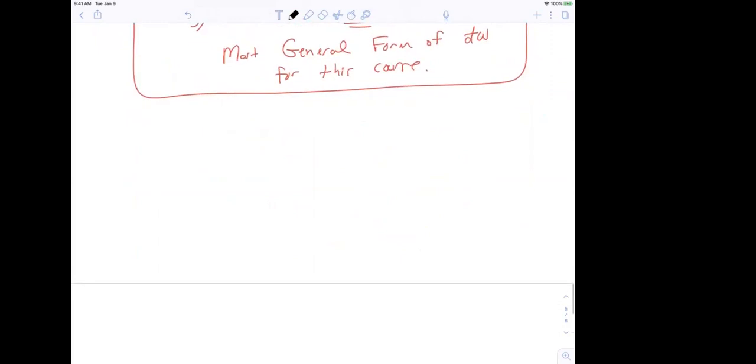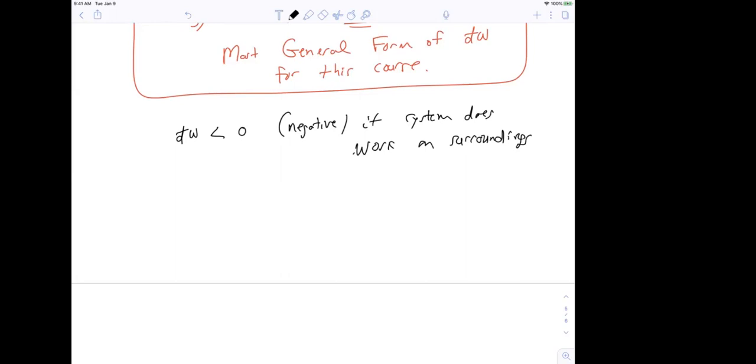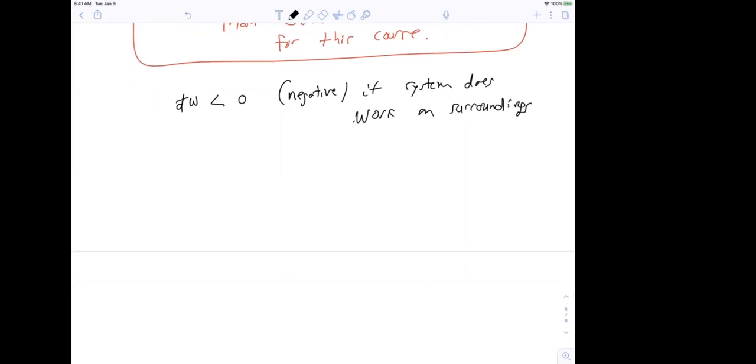Okay, we saw that dW is less than 0, negative, if system does work on surroundings. Okay. Actually, let's go back and have this be positive.